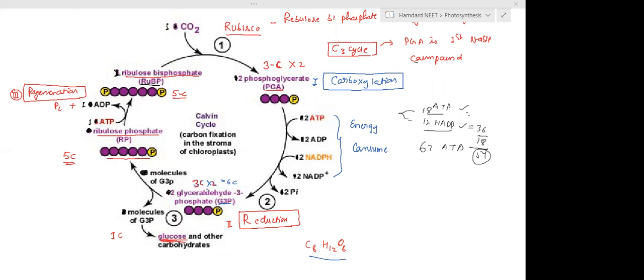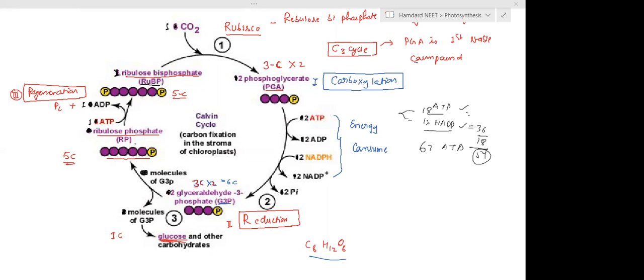One goes to glucose, so there are five. With the help of those 5 carbons and 1 phosphate, formation of a molecule takes place from G3P, and the name of that molecule is ribulose phosphate. Got my point? So 5 carbons and 1 phosphate make ribulose phosphate.